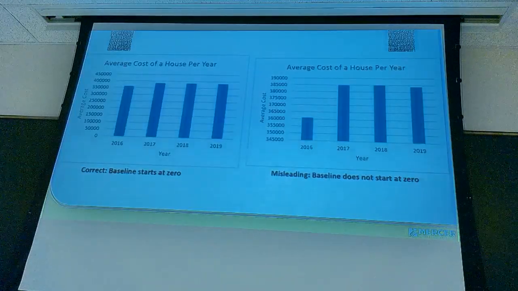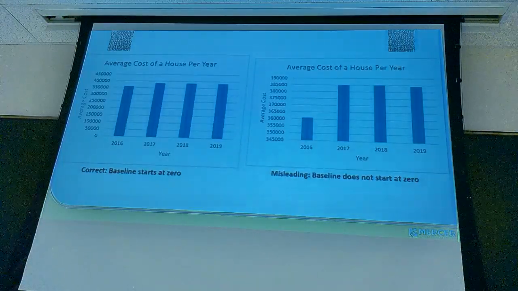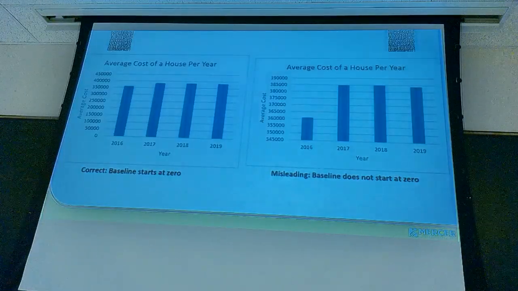Generally speaking, when you look at a graph, you're not really examining it too much. You just kind of look without looking at the axes or anything. You go, oh my God, that's a huge increase.